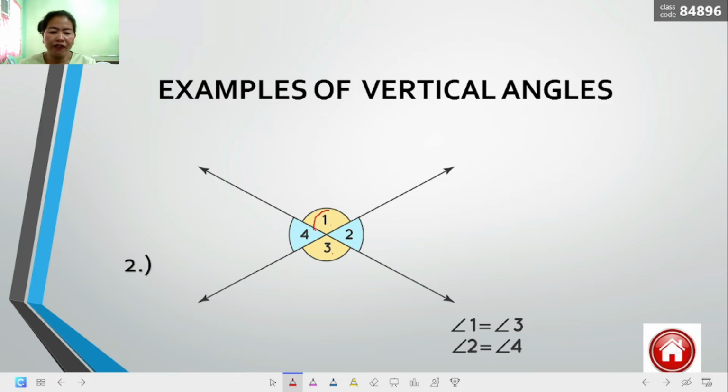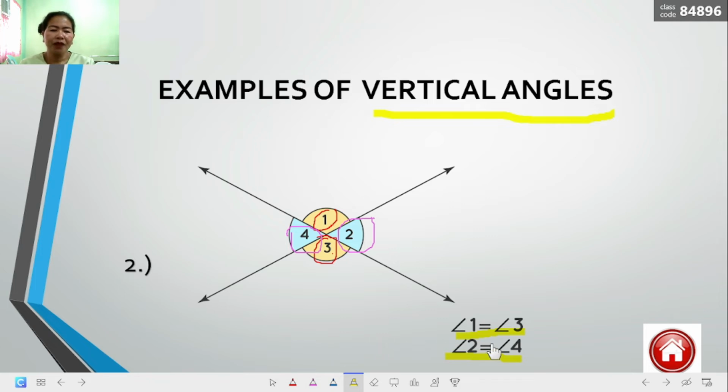And angles 2 and 4 are also labeled light blue. So therefore, they are vertical angles. And in the illustration also, angle 1 is equal to angle 3 and angle 2 is equal to angle 4. But later on, I will show you a postulate that shows how angle 1 and angle 3 become equal and how angle 2 and angle 4 become equal.